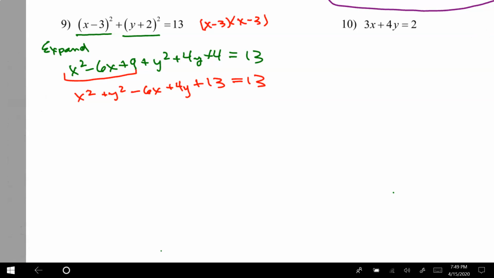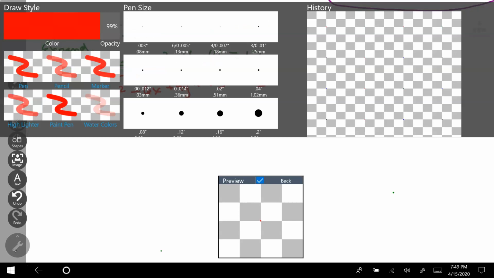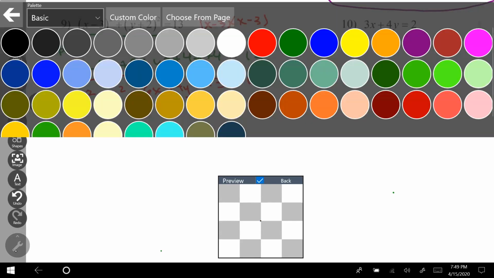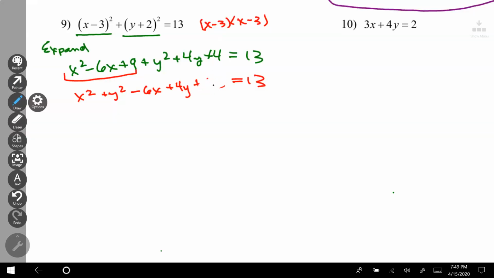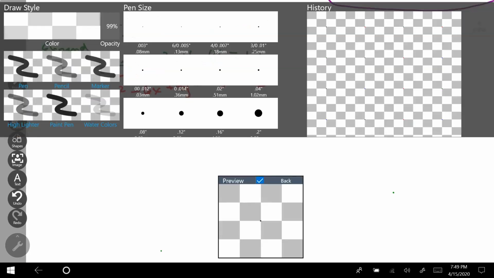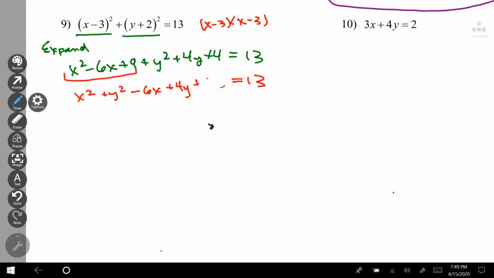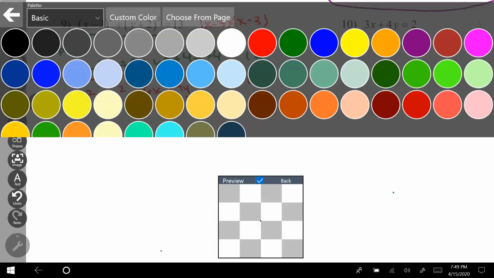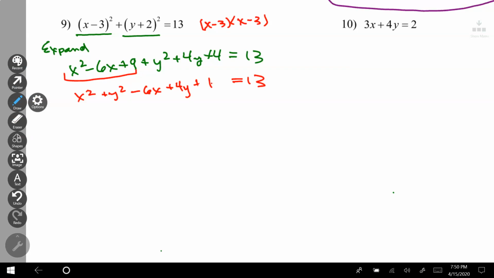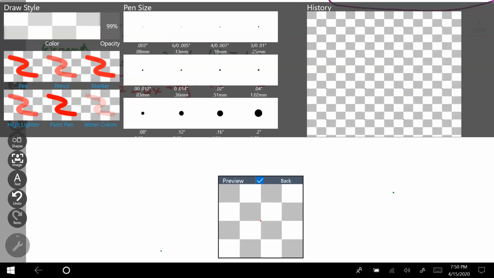I could cancel out some things. These two are going to cancel out. This is 13.